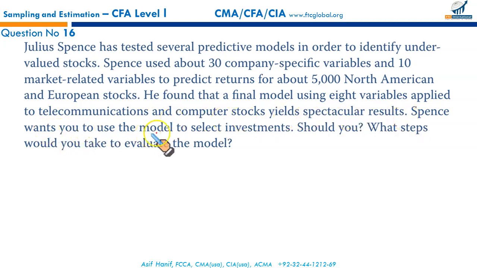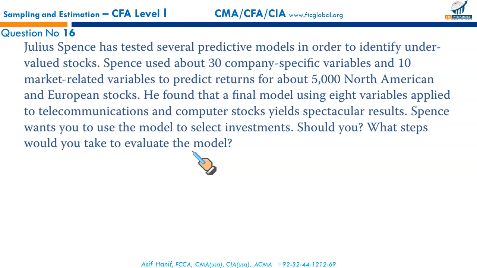Spence wants you to use the model to select investments. Should you? And if you do, what steps would you take to evaluate the model? First, as we have seen in the given situation, Spence may be guilty of data mining. He has used so many possible combinations of variables on so many stocks. It is not surprising that he found some instances in which a model worked. In fact, it would have been more surprising if he had not found any.